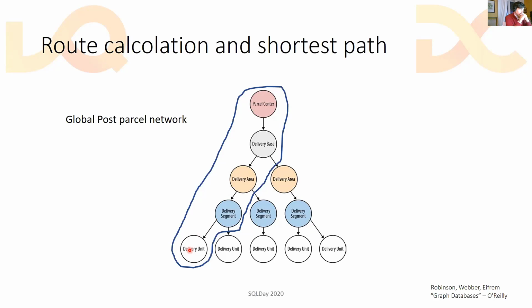The shortest path is exactly the way to calculate a route given a start and an end point. This is one of the most common applications, and probably one of the easiest to understand.